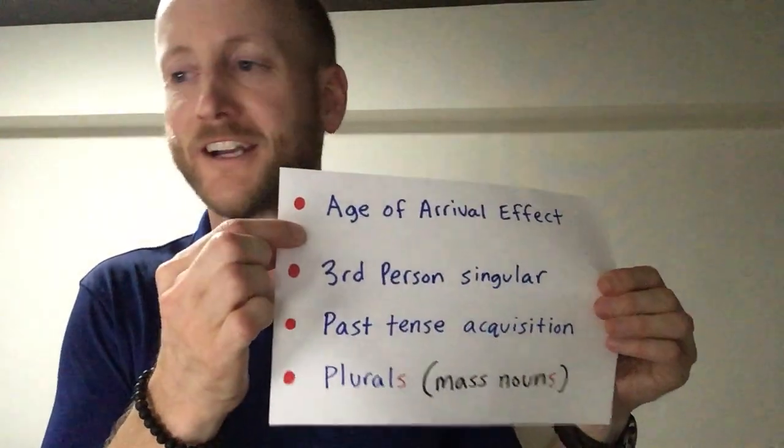So I'm going to call up another document here. The age of arrival effect. As Xue was 19 when she came to the United States, she may be affected by the age of arrival effect. So after the critical period, acquisition of the L2 can become constricted by developmental factors, which is difficult to overcome even in a rich L2 environment.